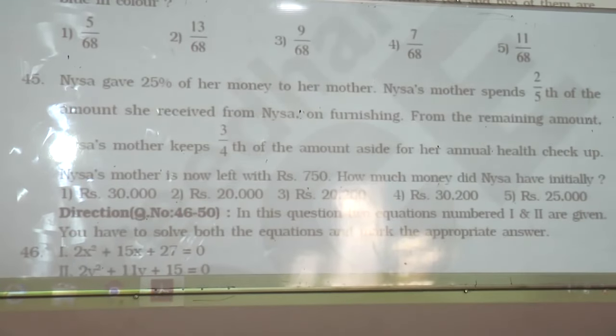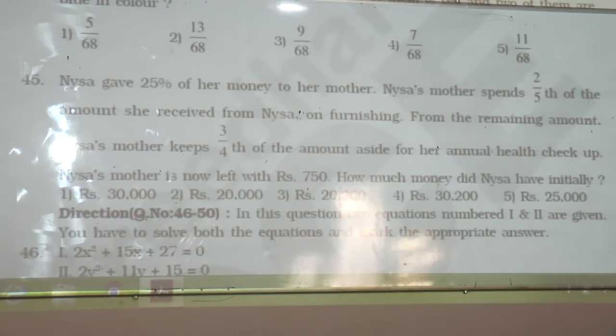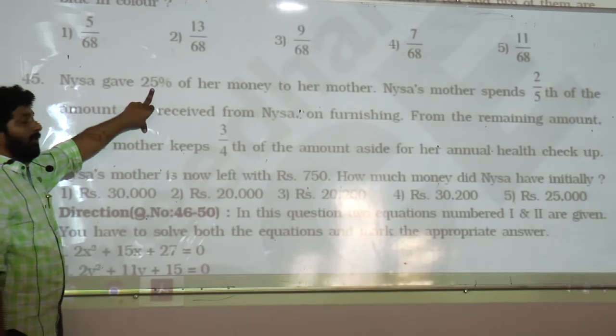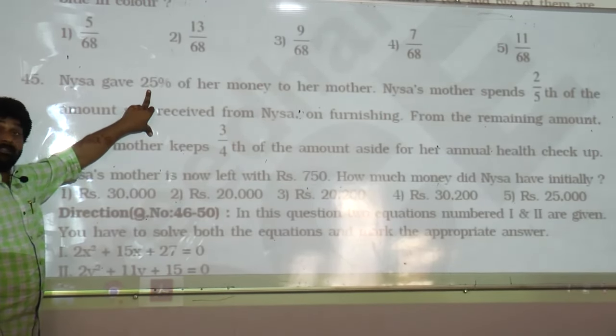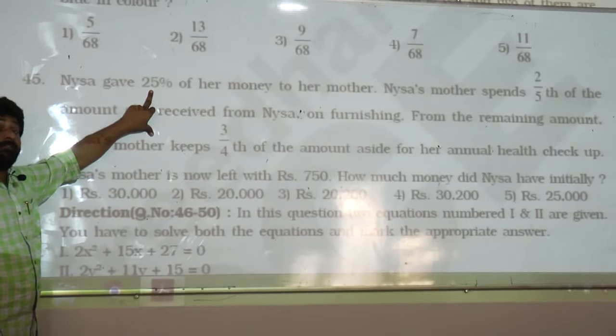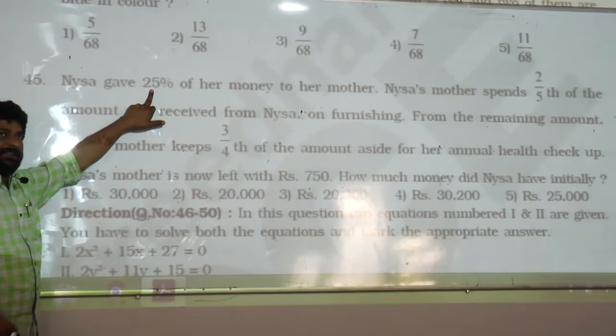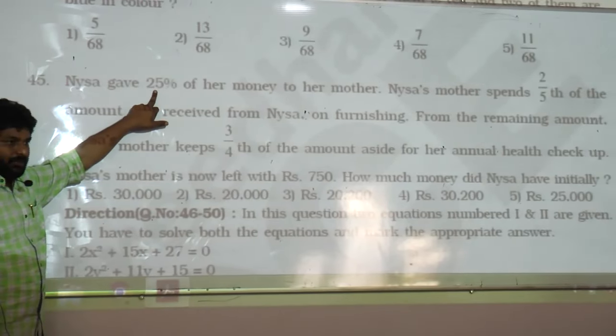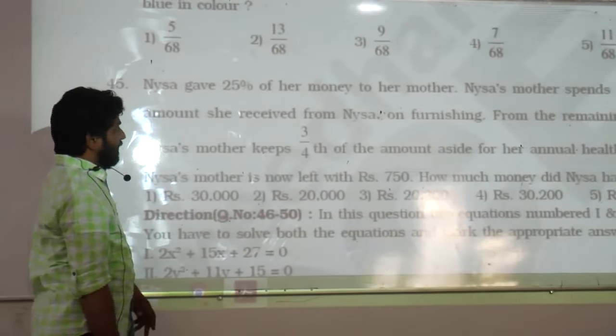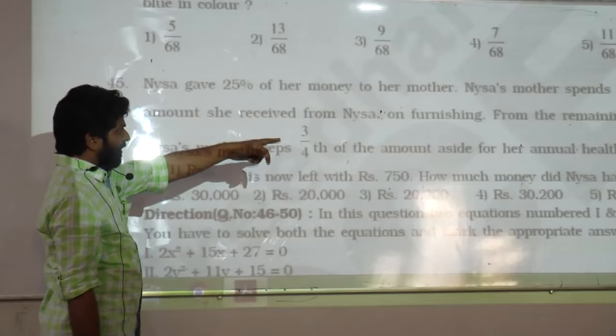Next, 45. Naisa gave 25% of her money to her mother. Naisa's mother spends 2/5 of the amount. So out of 25%, mother is going to spend 2/5. What about 1/5? 5. 2/5? 10%. Out of 25%, if mother spends 10%, the remaining amount with mother should be 15%, on furnishing.